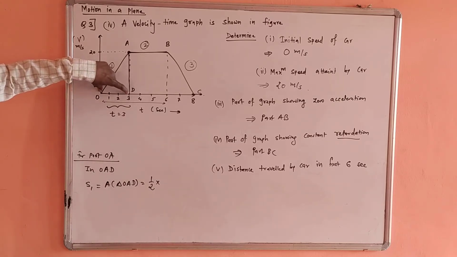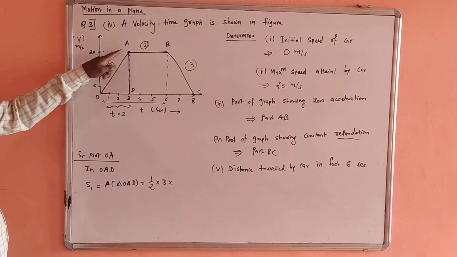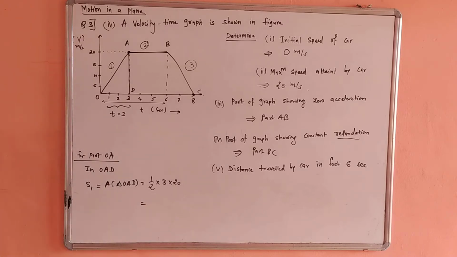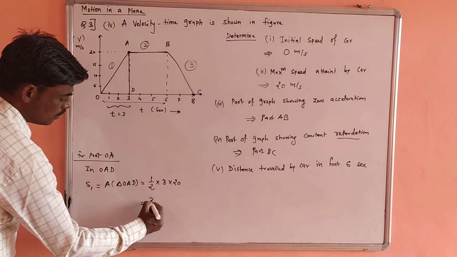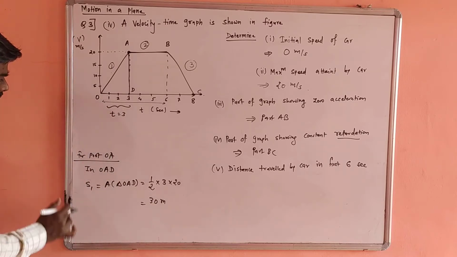So base is 3 seconds and height is 20. So it becomes 30 meter. So it is for first 3 seconds.